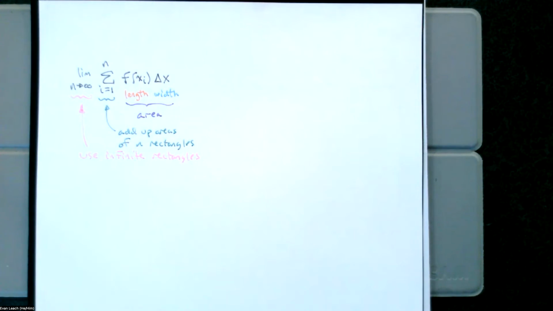It comes down to us assuming that the length is constant for some small changes. That's making the rectangles. We start by assuming that the length is constant by just evaluating the function. And that's all the parts of our Riemann sum.